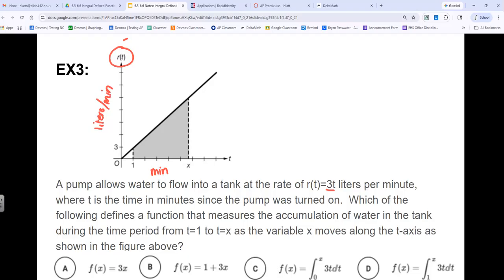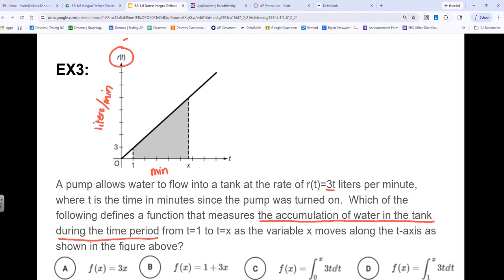And so let's think about what they're wanting us to have. Which of the following defines a function that measures the accumulation of water in the tank during the time period? So accumulation of water is just the change in the amount of water, right?